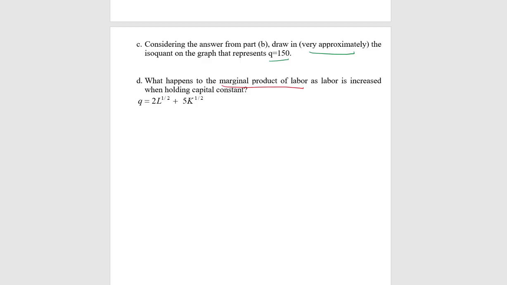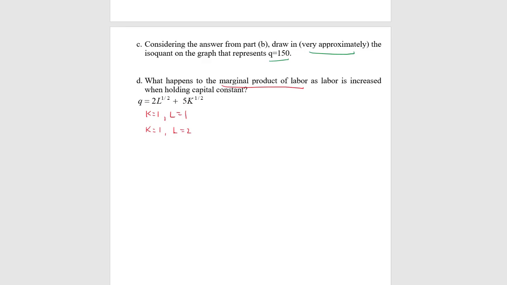What I can do then is assume capital is some value. So for the sake of argument, let's assume capital is constant at 1. So if we're going to look at K equals 1 in whatever scenario we're talking about, we just need to see what happens to output when labor increases by 1 unit. So I'm going to start out with labor being 1 unit, and then I'm going to look at labor being 2 units.